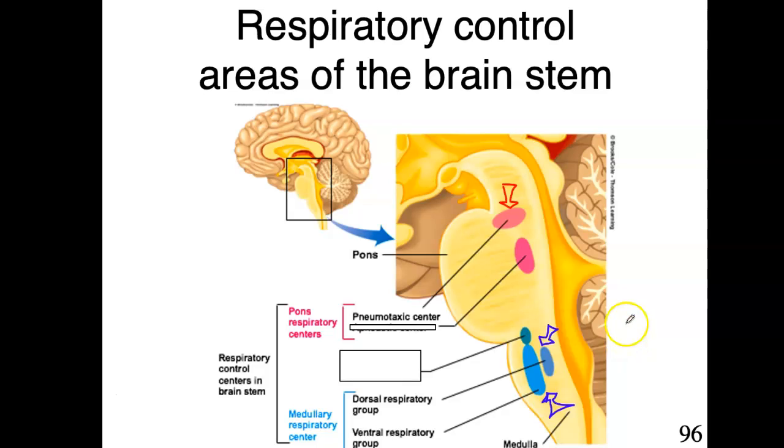So we're going to concentrate on the regions that I put arrows on: the pneumotaxic center here in the pons, and two regions here in the medulla oblongata, which are the dorsal respiratory group and the ventral respiratory group. And we're going to leave this and this aside for now.